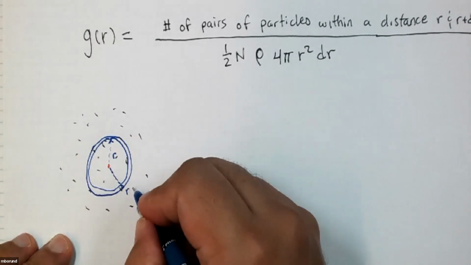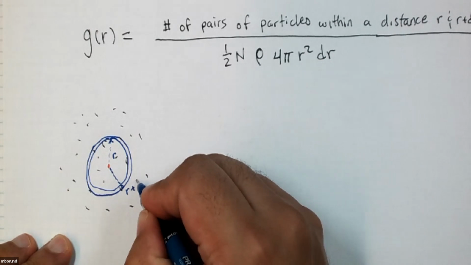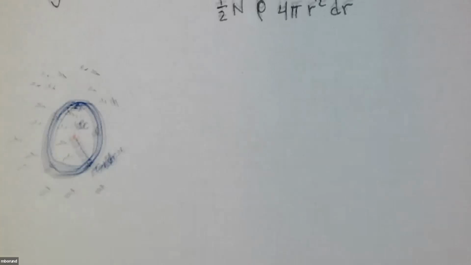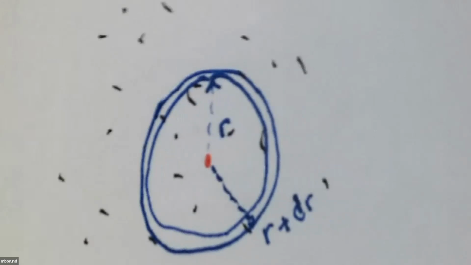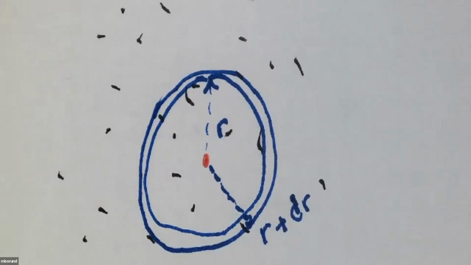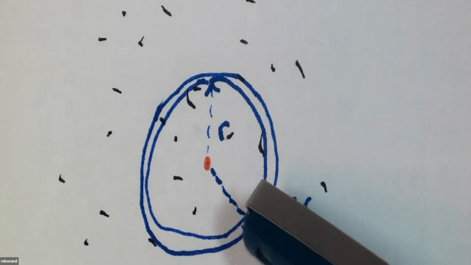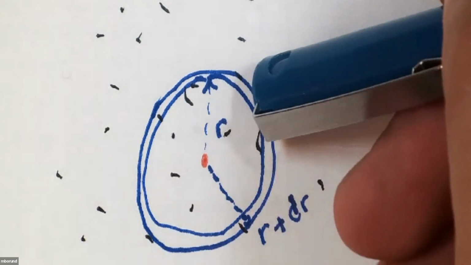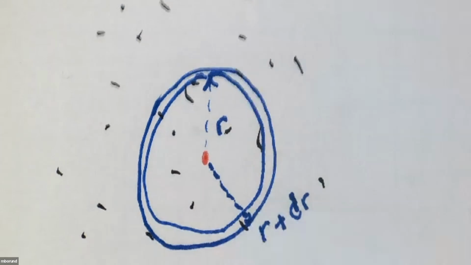And this is R plus dr. So now if we zoom in, I start counting how many I have. And I have inside my shell, 1, 2. And then I move my shell again and again and again, and I just keep counting. So that's what we're doing.